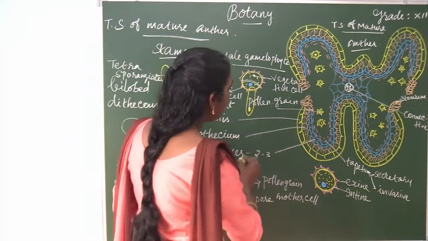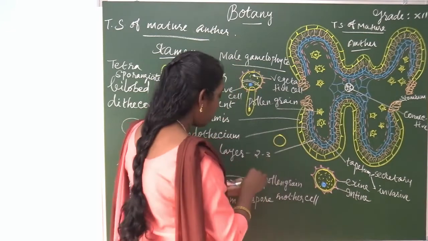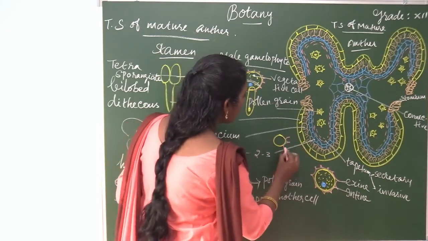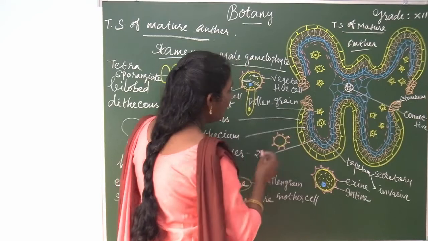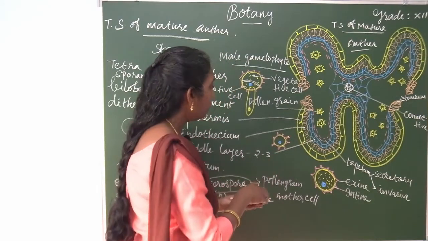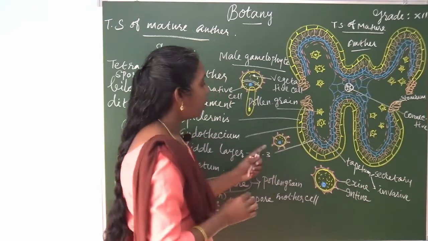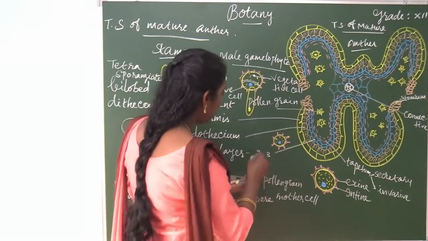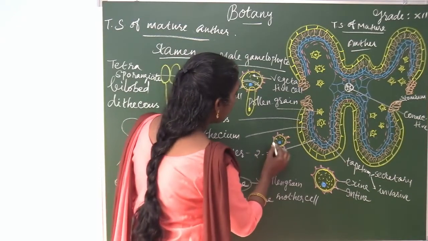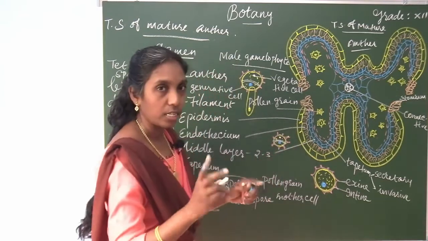Let's see the diagram. Here there is the intine and the exine. Here is the nucleus with dense cytoplasm. Here there is a vegetative cell and a generative cell, which is the two-celled stage.